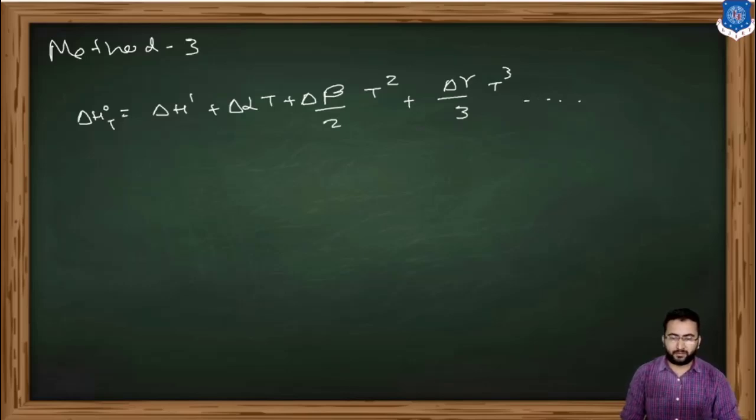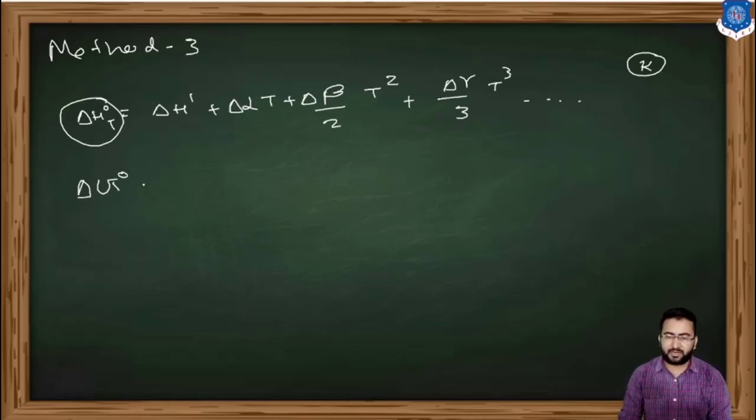Using this equation we can find delta H naught, and using delta H naught and the standard Gibbs free energy we can proceed. Now we are going to find delta G naught to find the value of K.